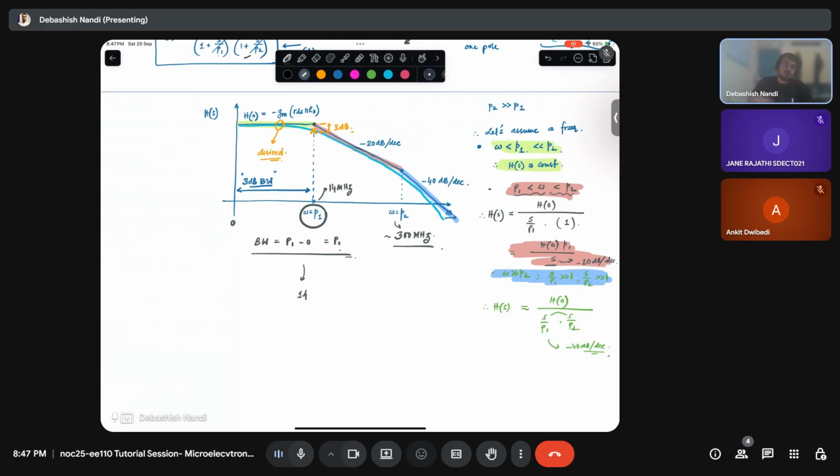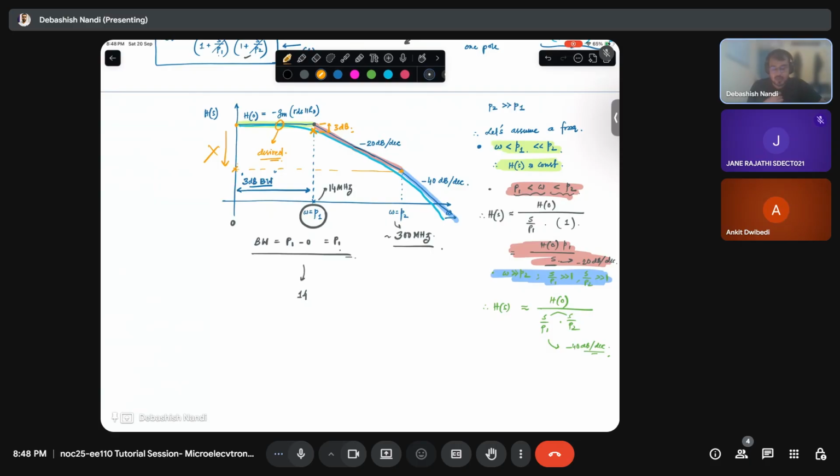So you cannot use your amplifier beyond 14 megahertz, because you can see this is your desired gain. If you use it near pole 2, your desired gain is dropped by so much that it cannot be used. Is that clear?